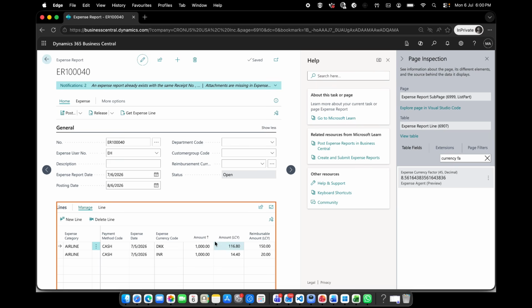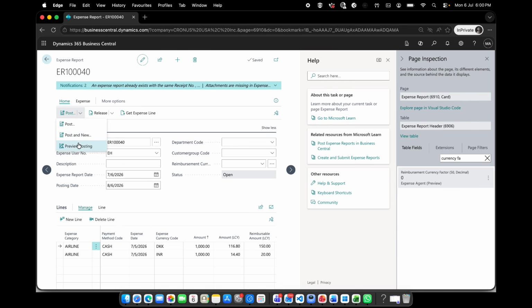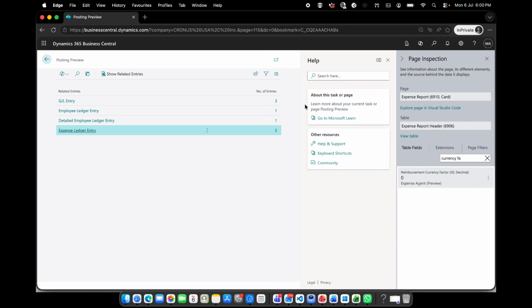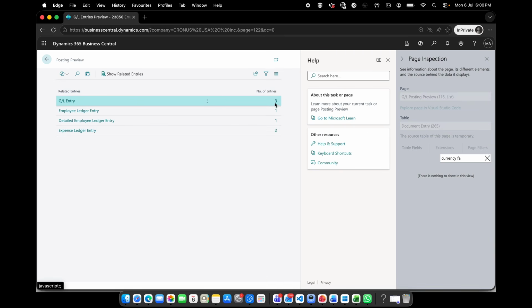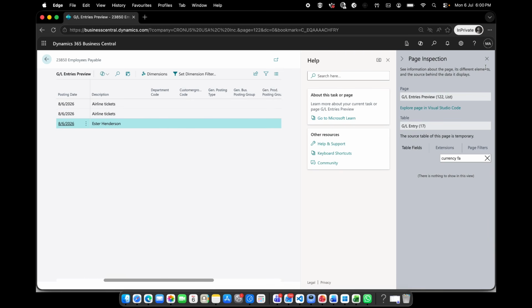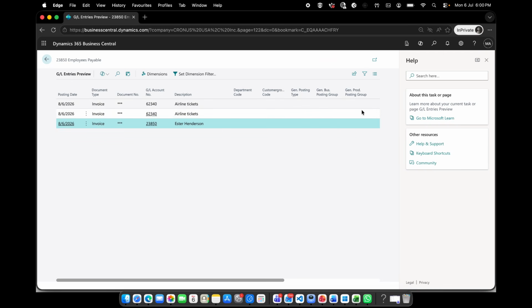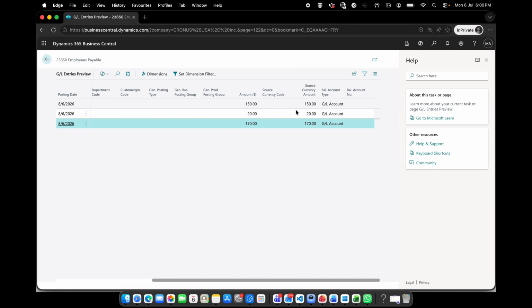So what I'm trying to say is that now, no matter what, your reimbursement or expense currency factor will be calculated based on your posting date. So if I try to do a preview post now, it doesn't really matter because it's never going to have any difference in the rounding.